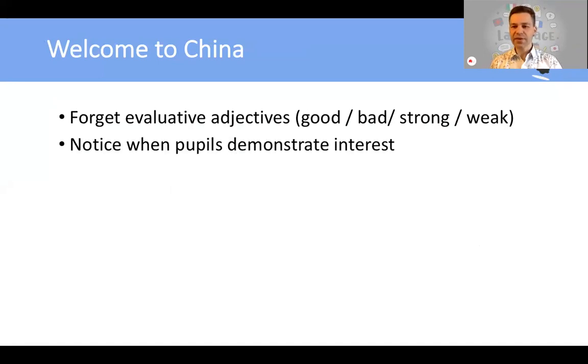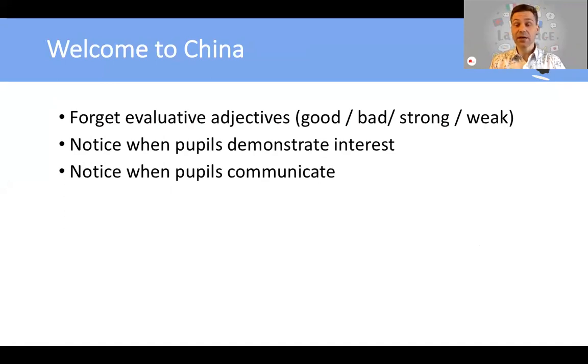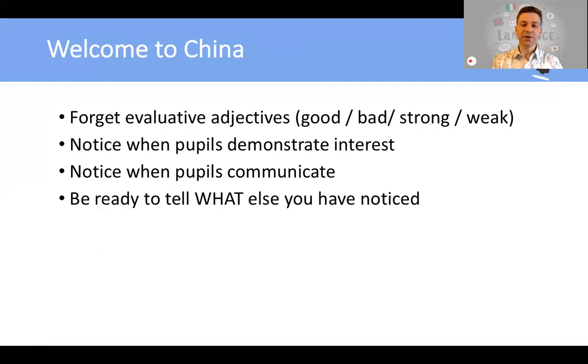Instead, think about students when they demonstrate interest, whether they're engaged or not, whether they participate actively or not as learners. And I mean language, not necessarily their attitude. Next, notice when they communicate in the English language. And finally, be ready to tell what else you have noticed.